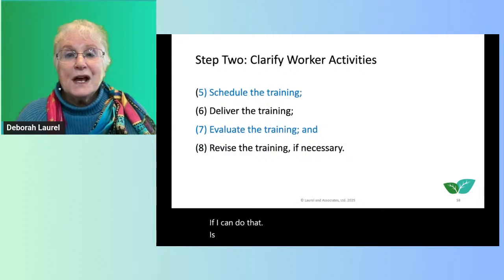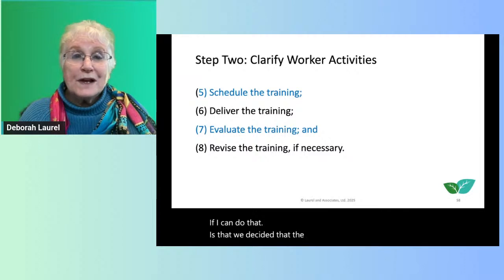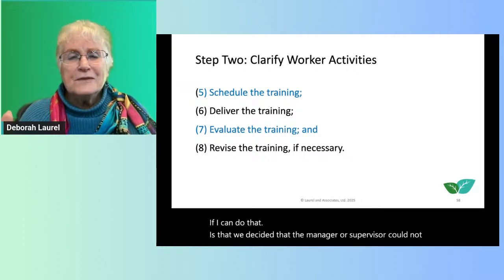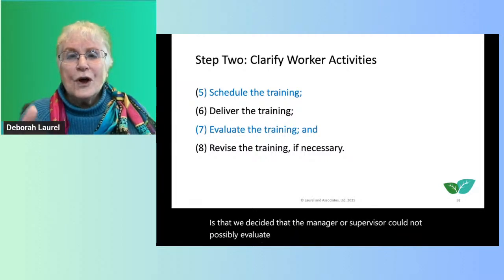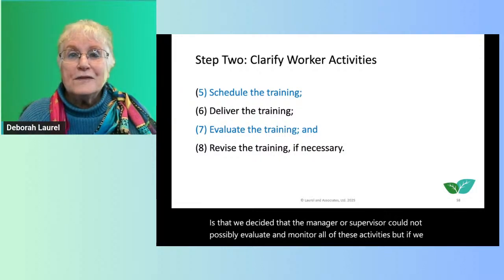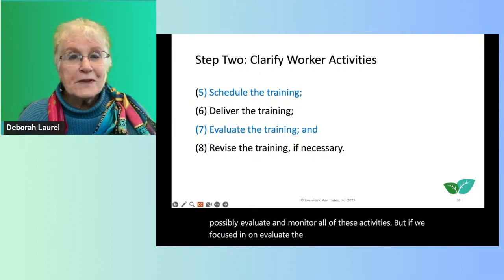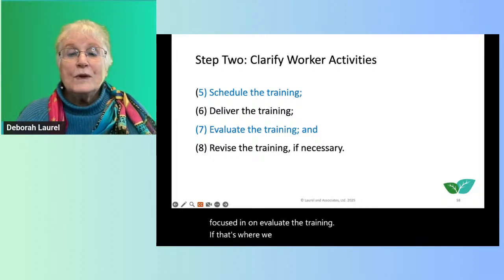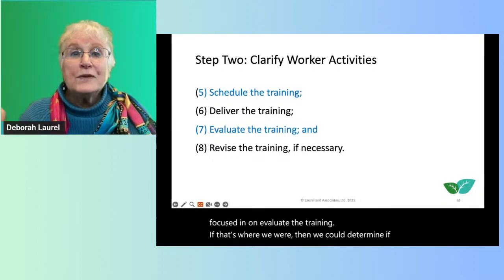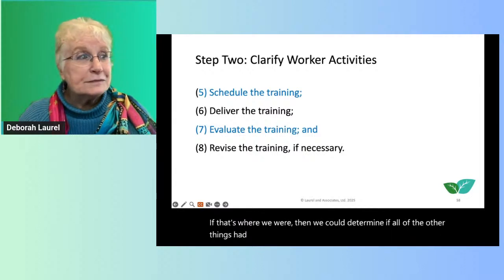But one thing I want to point out is that we decided that the manager or supervisor could not possibly evaluate and monitor all of these activities. But if we focused in on evaluating the training, then we could determine if all of the other things had occurred.